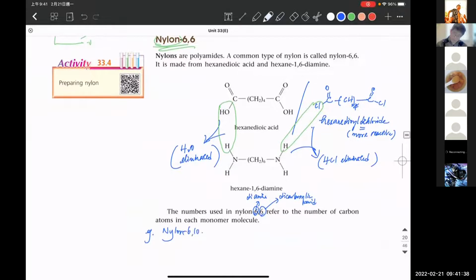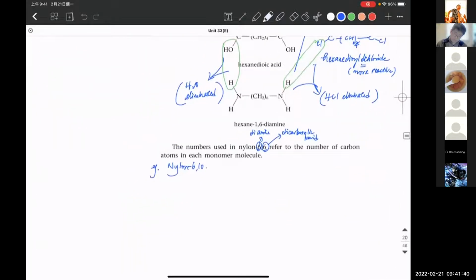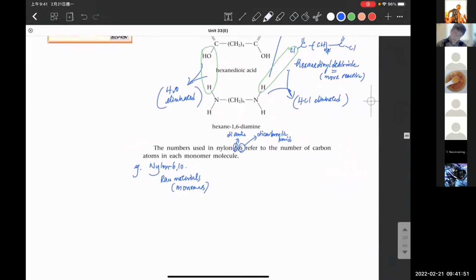Now, if that is the case, can you draw me the raw materials of making nylon 610? What I mean is the monomer. I just stop at monomers. What are those two?